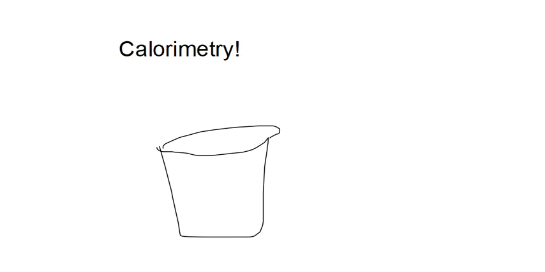How it usually happens is that we have a calorimetry cup. The most efficient ones are usually polystyrene because heat doesn't get transferred to it, so it's pretty efficient. It's going to be full of a substance such as water.